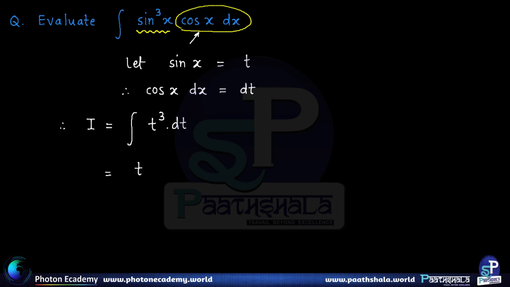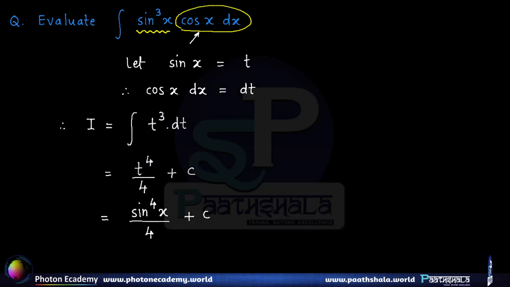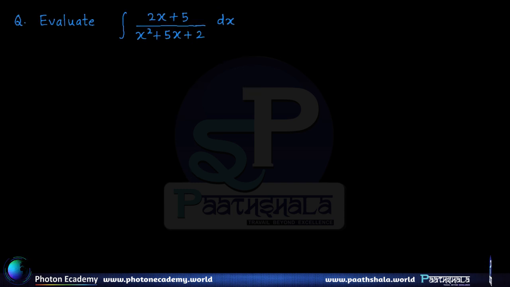So the answer is t raised to 4 upon 4 plus c, and at the end we must replace t back in terms of x. So t raised to 4 is sin x raised to 4 upon 4 plus c. That's the answer. So this is how we solve this question by the substitution method. Let's see the next question.